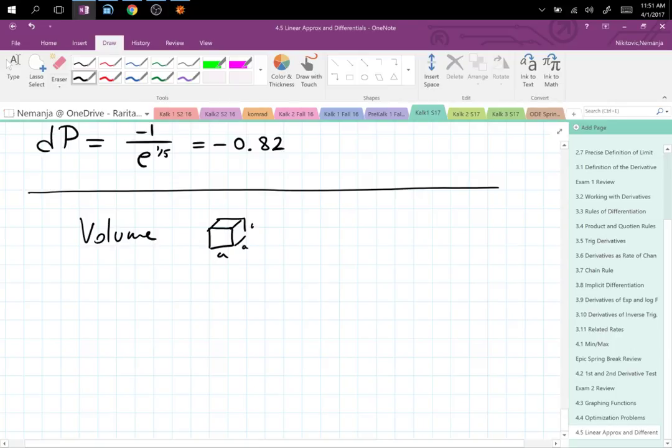So the volume is A cubed. And let's say that this side A grows a little bit to A1. That means that the volume will grow to a volume V1, right? So if the side of the cube grows, the entire cube will be larger.